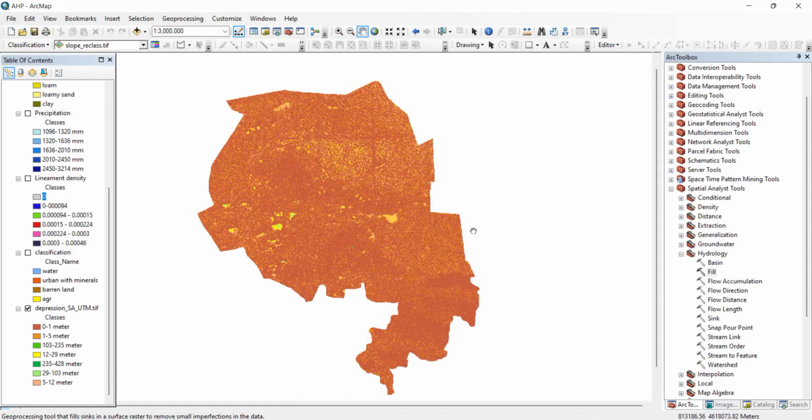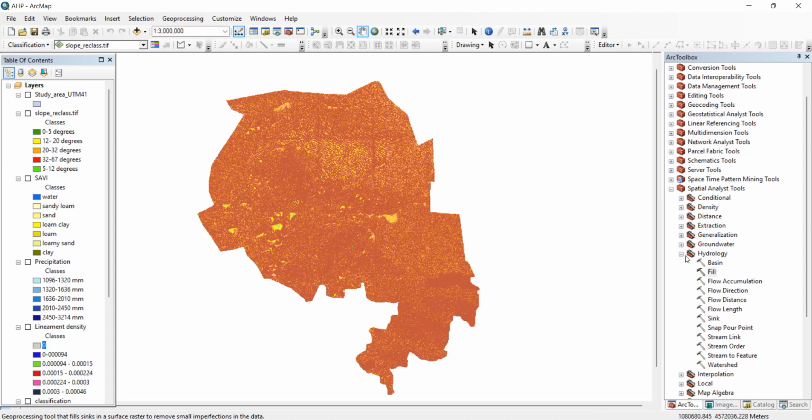So we removed some small imperfections and subtracted the raw digital elevation model in order to find areas which have large discrepancies compared to the raw data.